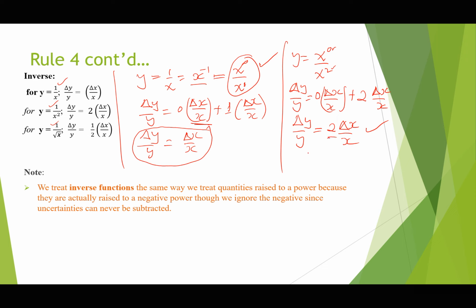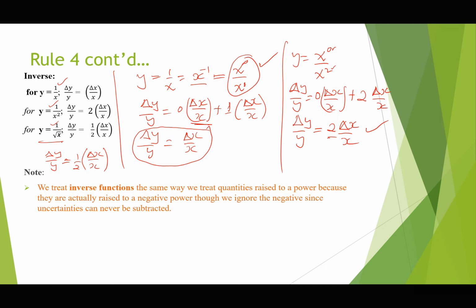Similarly, you can predict for the last one that if y is defined as 1 over root x, the fractional uncertainty in y is simply going to be a half times the fractional uncertainty in x over x, because the power in the denominator is power half, which is the square root.